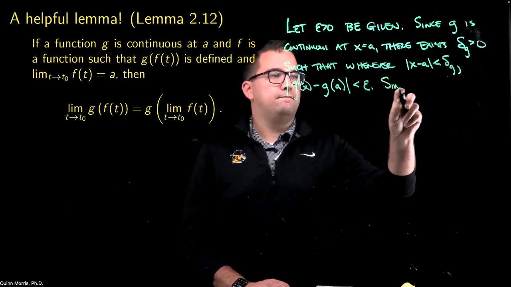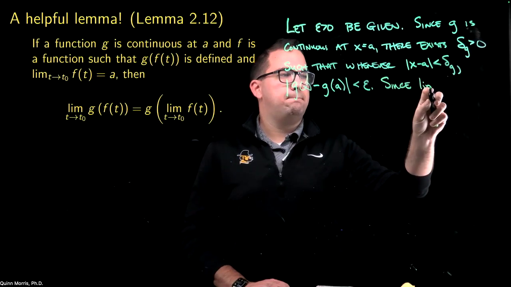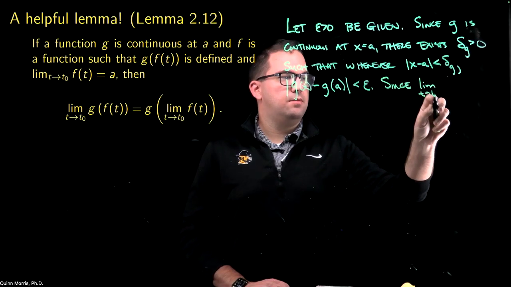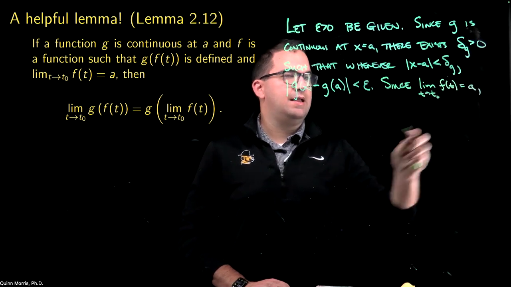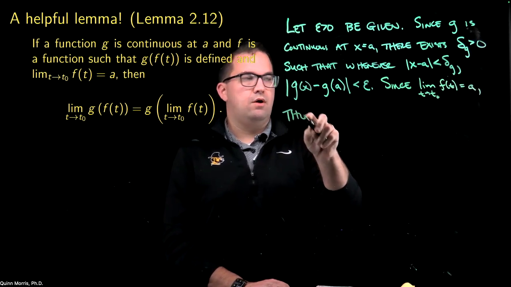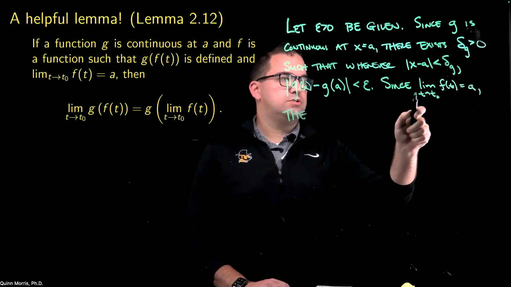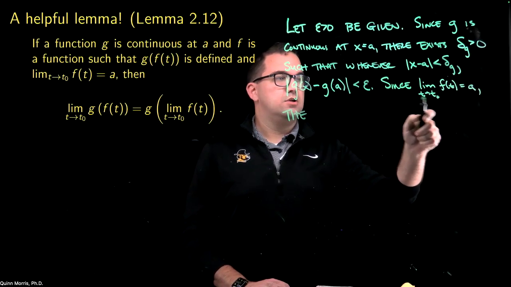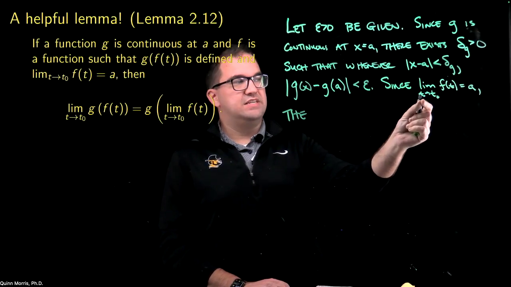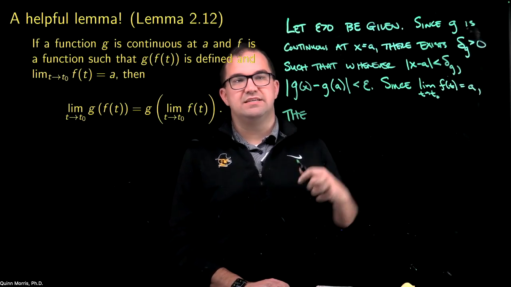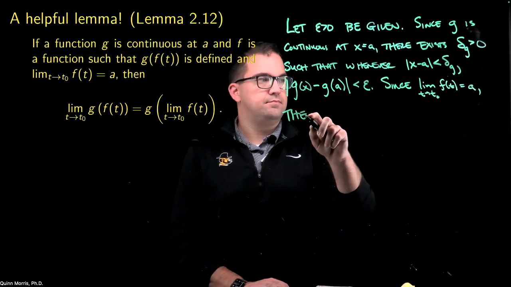Since the limit as t approaches t naught of f of t is equal to a, what does that mean? That means I can choose some delta f so that if I get my t's within delta f of t naught, I can get f of t as close as I want to a.